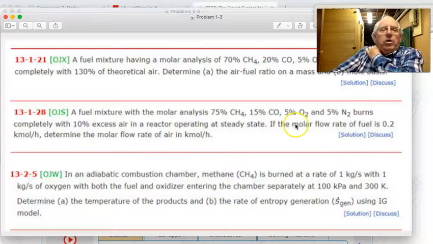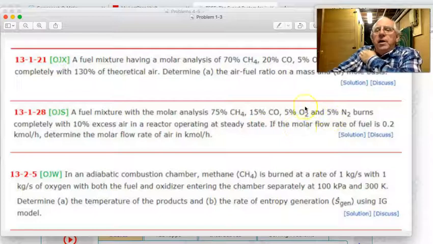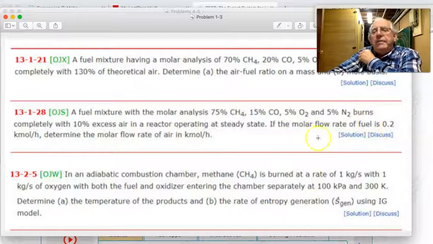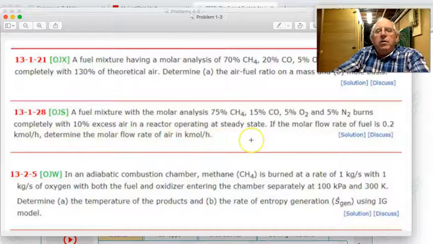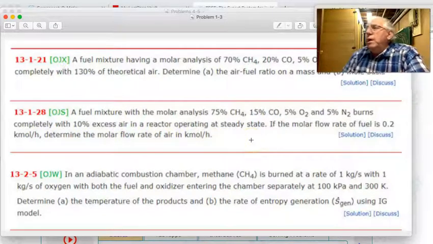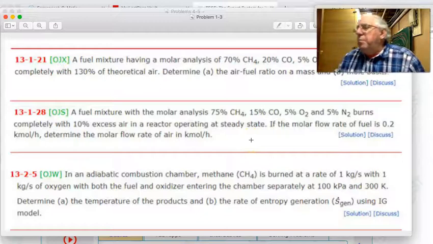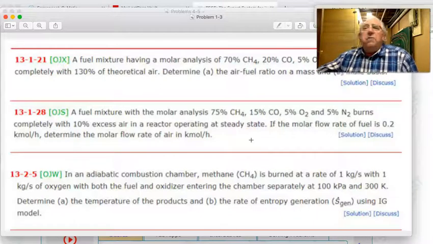At the end, we are going to ask if the molar flow rate is 0.2. Okay, that's the molar flow rate of the fuel, and that's in kilomoles per hour. What is the molar flow rate of air in kilomoles per hour? And so we're looking for the molar ratio of fuel to air.